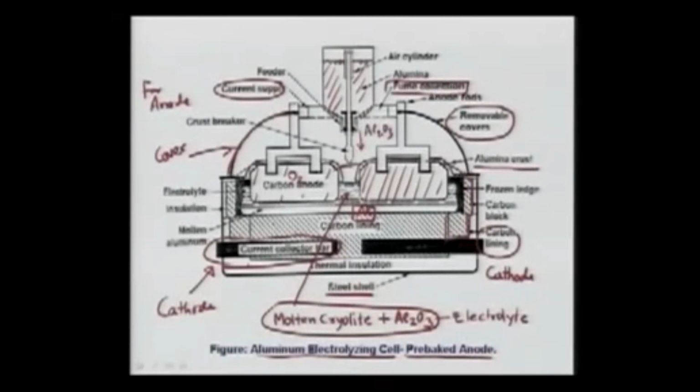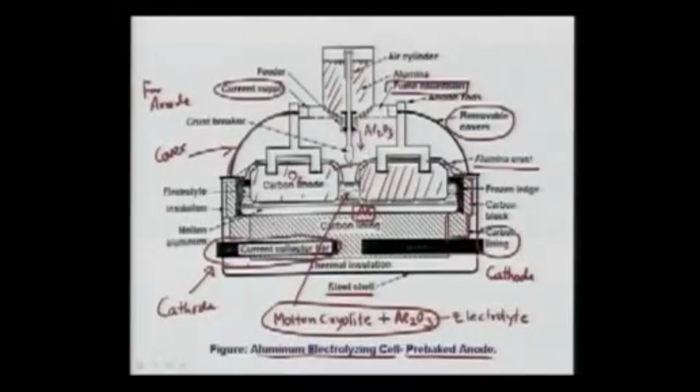It will become a little clear in a moment when I show you another picture. Here there is a lot of possibility of emissions occurring, because we have high temperature. We also have some volatilization of the fluoride material, and these fluoride materials tend to go out, especially when the crust is broken, because the whole thing is opened up. As a result, there will be emissions.